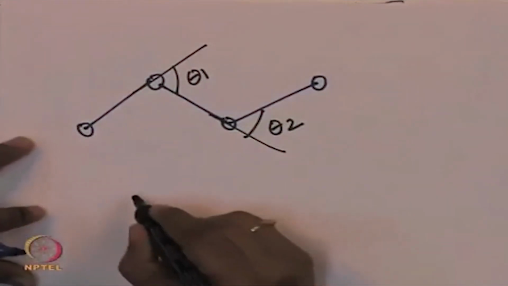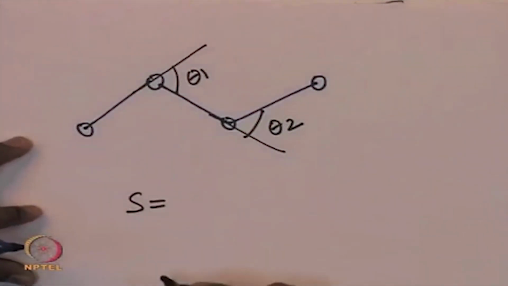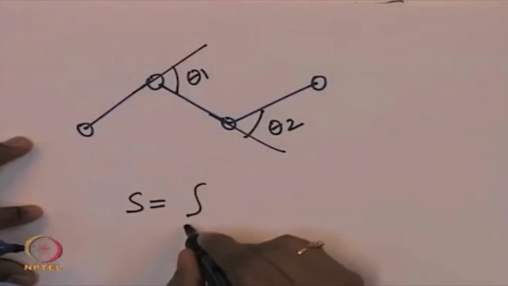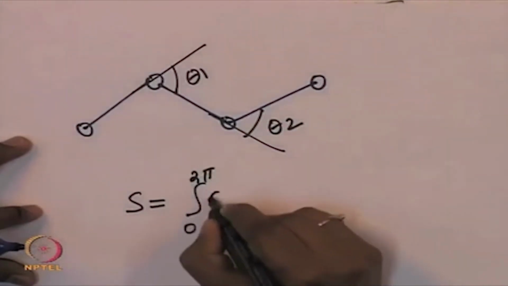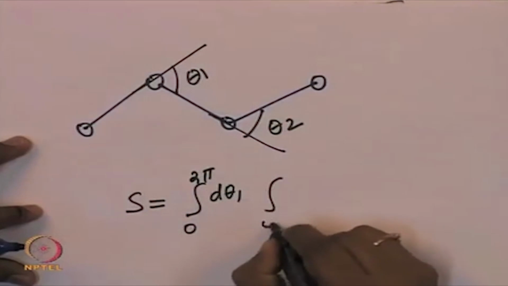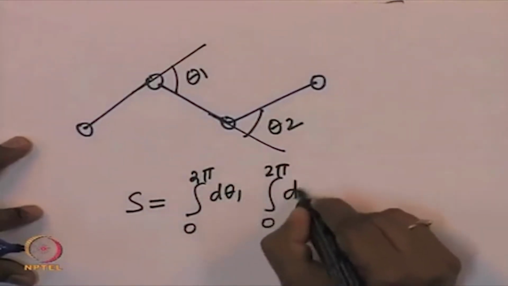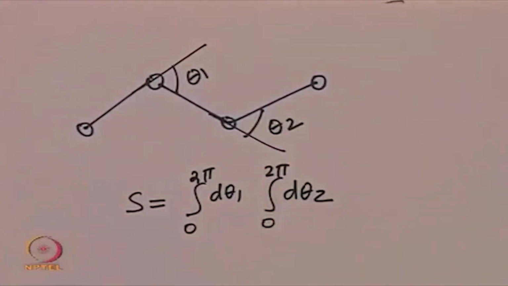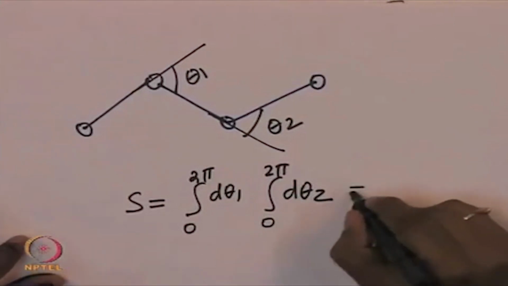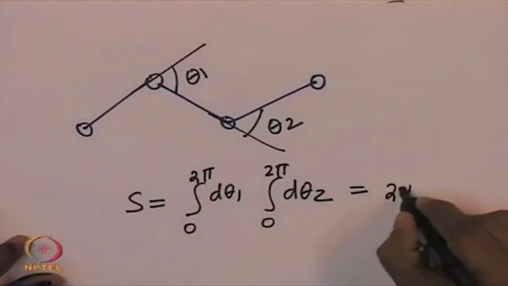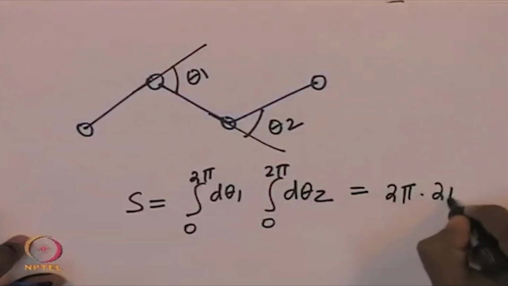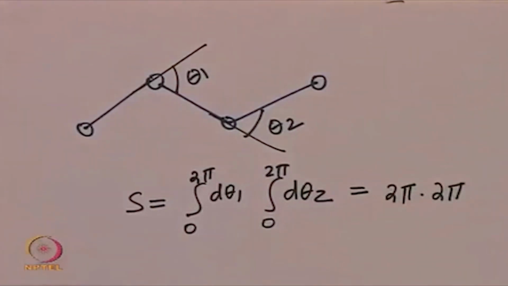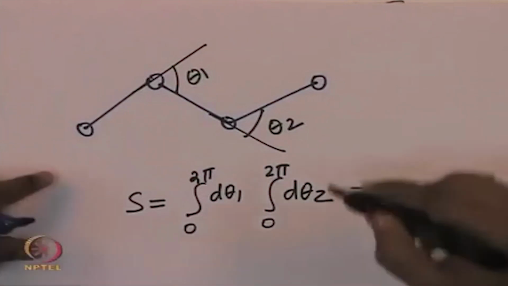So, the entropy in this case will be integral 0 to 2 pi d theta 1, 0 to 2 pi d theta 2. So, basically the answer will be 2 pi into 2 pi, so 4 pi square.